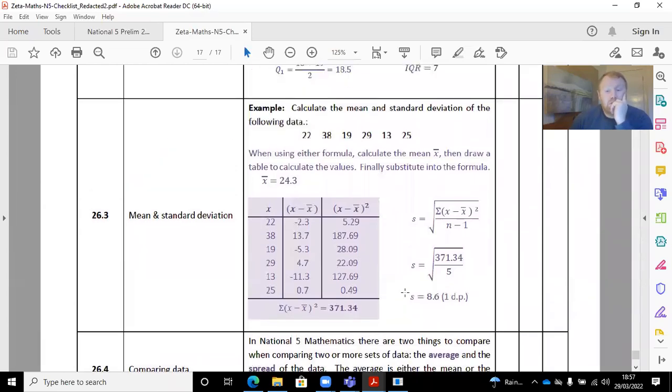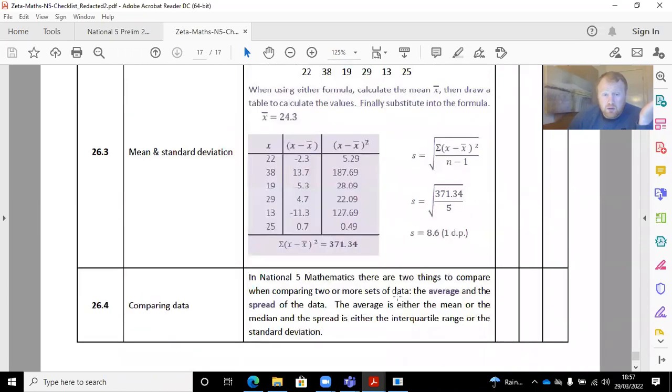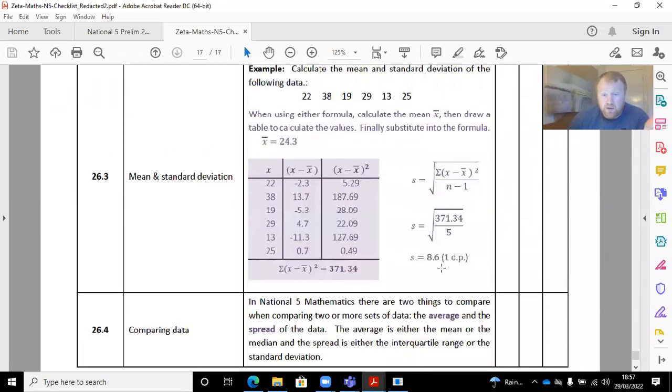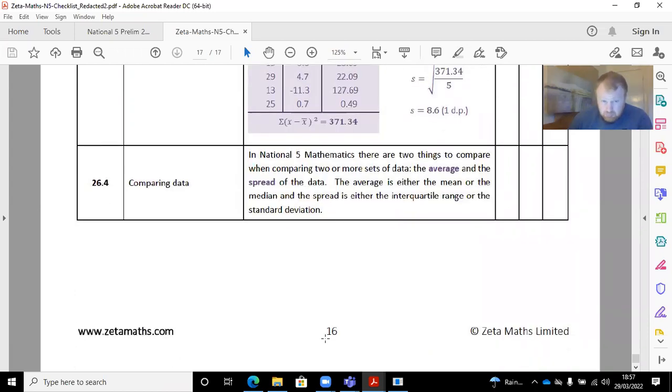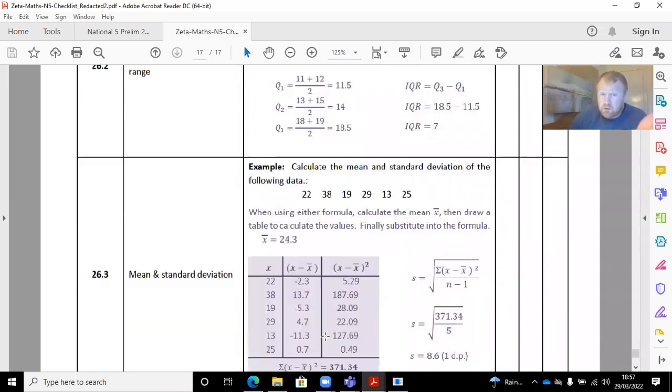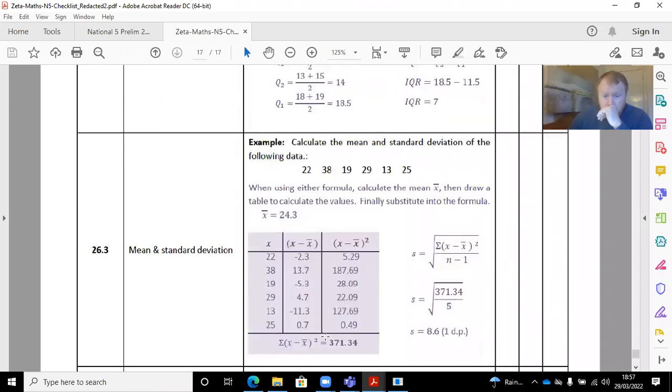Again, there's nowhere else they can really take that. They'll ask you the mean, they'll ask you to find the standard deviation, and they'll ask you to compare it. So you're comparing the average, i.e. the mean, and the spread of data. There's nothing else there. There's nowhere else they can take that.